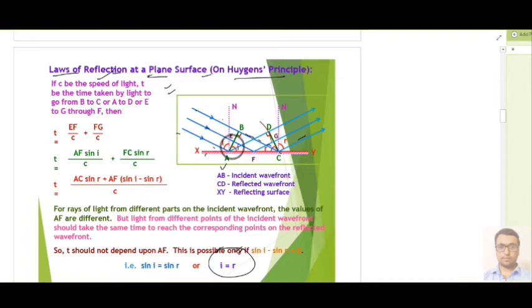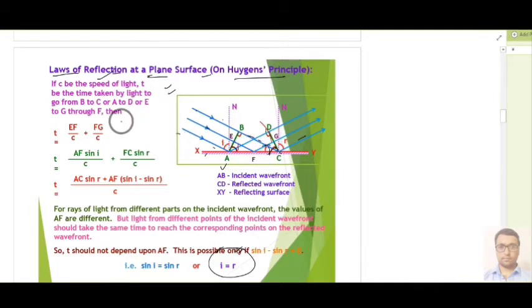By geometry, this angle will also be equal to i. Here the angle made by the normal with the reflected ray is r. If this angle is made by this ray with the vertical, then by geometry this angle will also be equal to r.